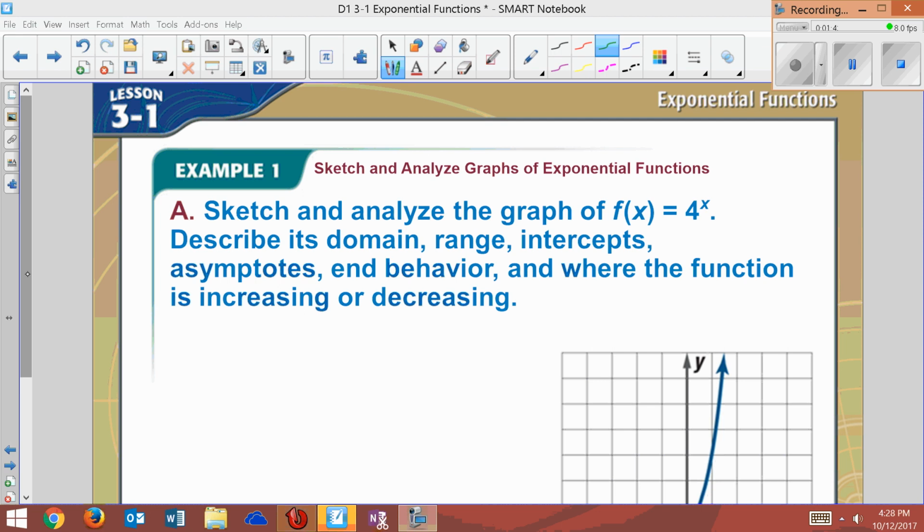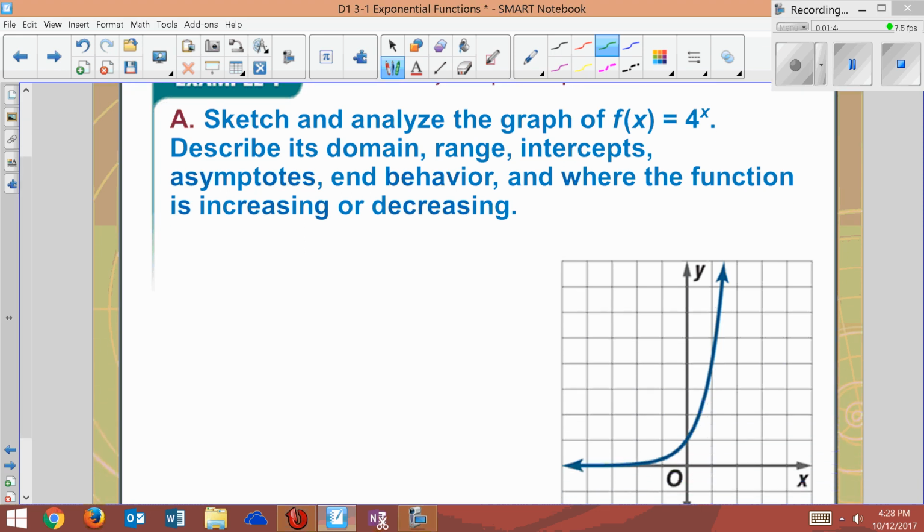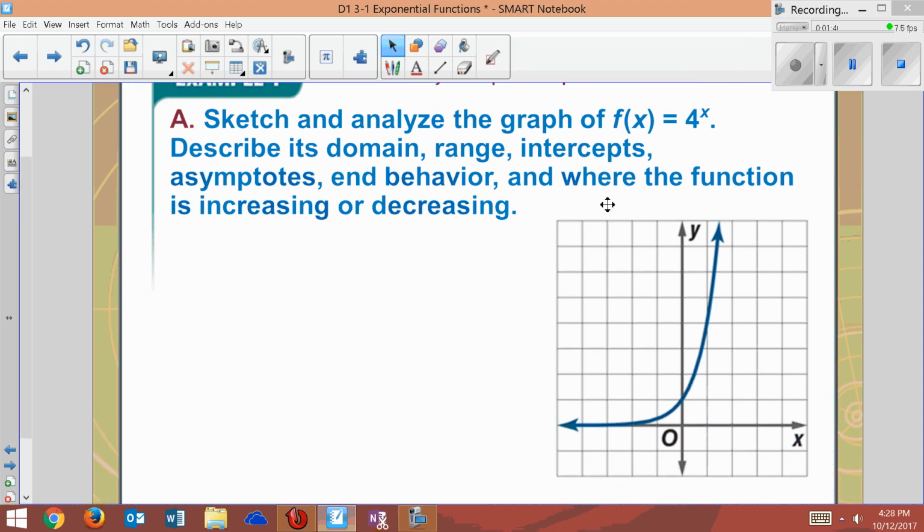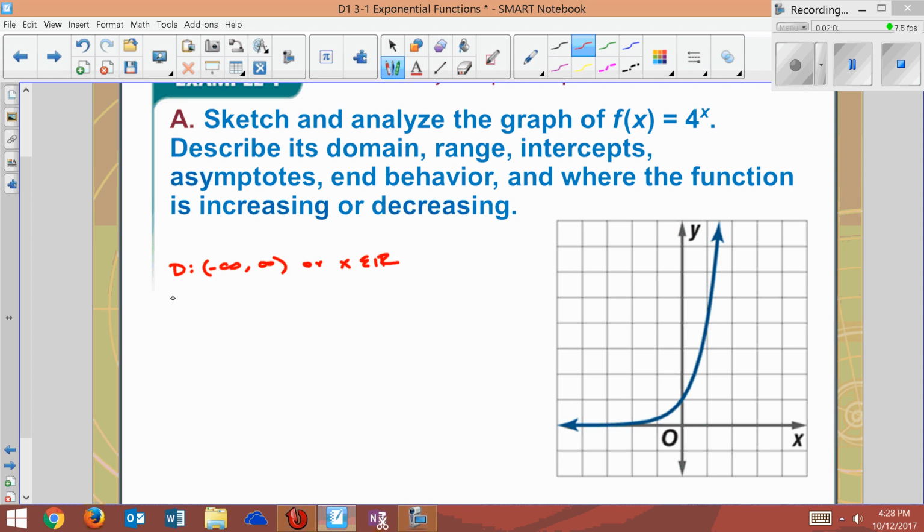All right, so here's a graph. It says sketch and analyze, so I've already sketched it here. This graph, describe its domain. So let's talk about domain. How far left? Well, it goes on forever to the left, so you could say from negative infinity all the way to the right, which is positive infinity, which we could rewrite as all reals. As far as the range is concerned, it does not go down forever.